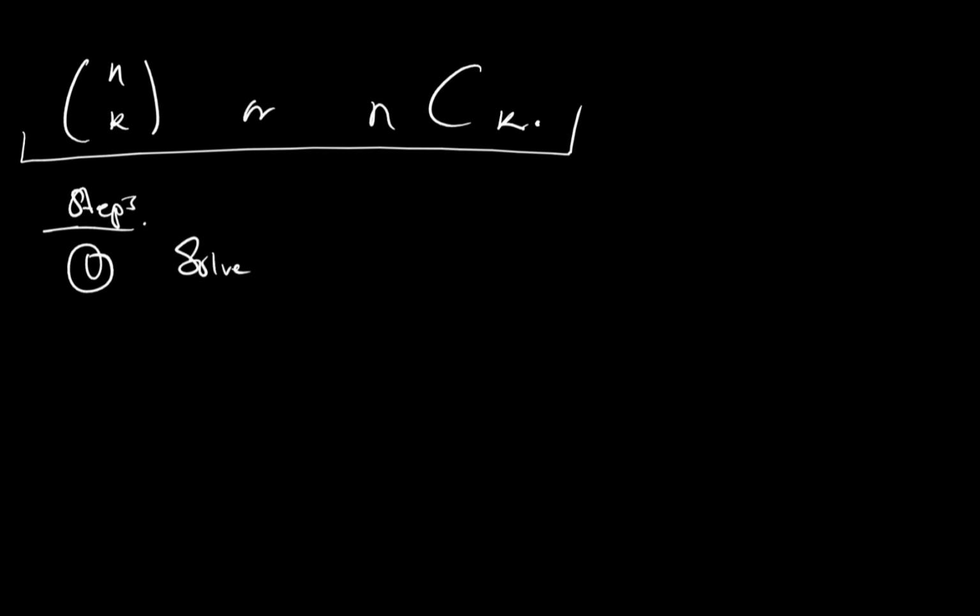So solve for k. Now, how do you solve for k? You go back to the term equation. Remember, t sub k plus 1, or the k plus first term, is equivalent to n choose k times a to the n minus k times b to the k.